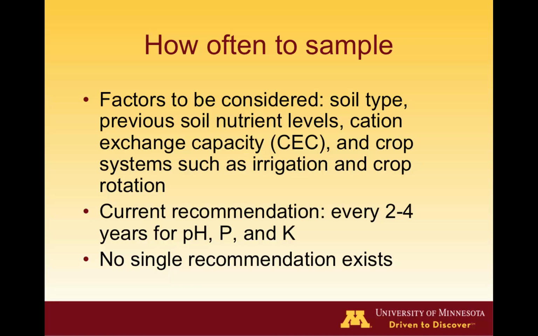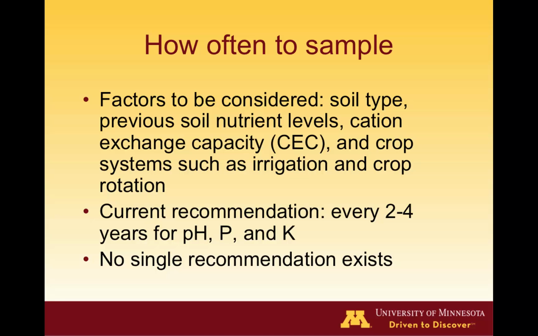How often to sample? Factors to be considered are soil type, previous soil nutrient levels, and cation exchange capacity. This is to measure the soil electrical conductivity, an indicator for multiple soil properties such as your soil structure and soil type, water table depth, and also crop systems such as irrigation and crop rotation.